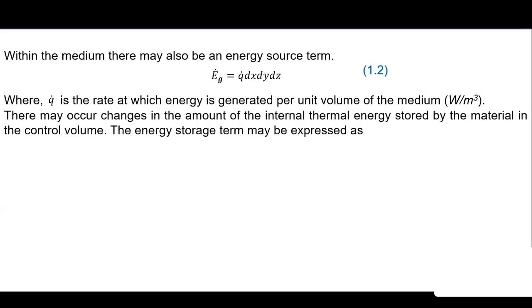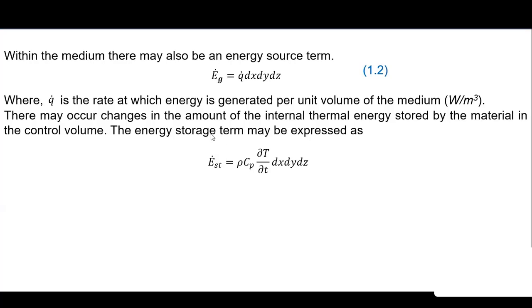So we need to have some equation which will represent this change in the internal energy, and we know that we normally calculate internal energy in terms of mass into specific heat into the temperature change per unit time. So in differential form, if you write instead of mass, rho into volume, that is the density of the material into volume, we can get a simple equation like this, that is energy stored.